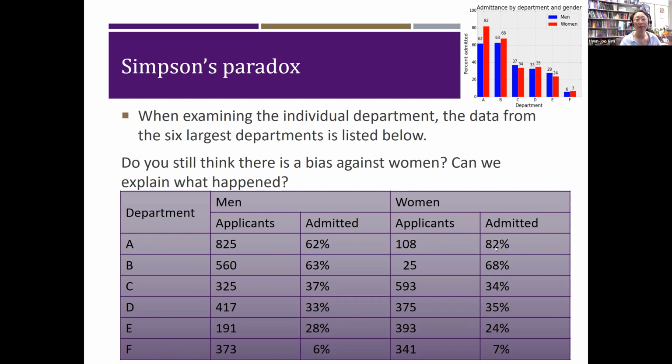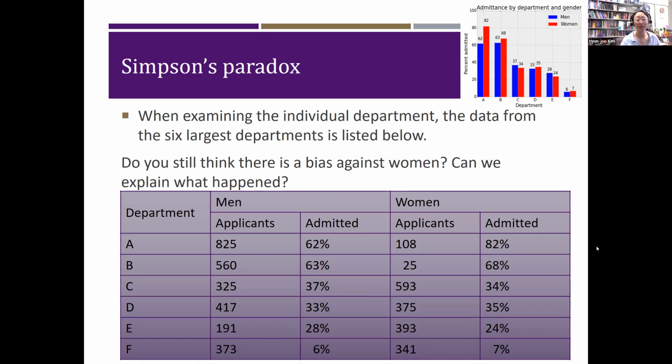However, out of 4,000 plus women, only 108 of them applied to Department A. That's only 2% of all women who applied across departments. On the other hand, 825 men applied to Department A. That's 10% of all the male applicants.